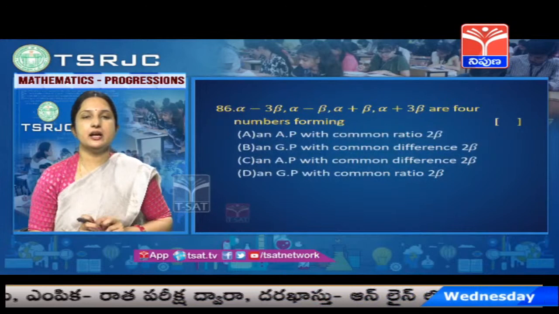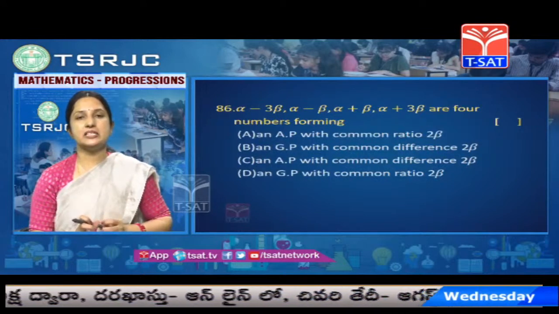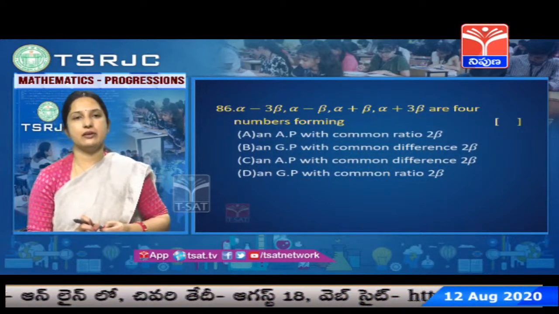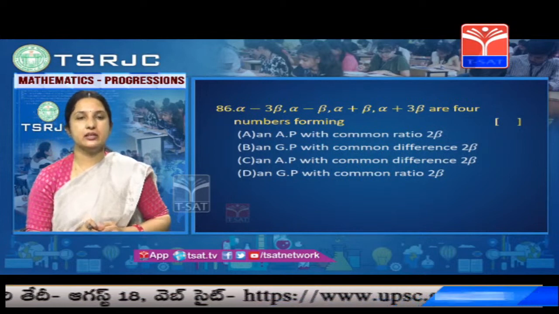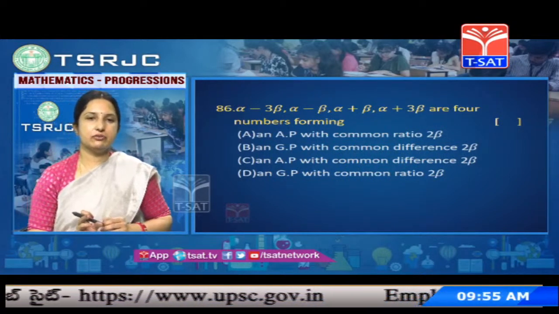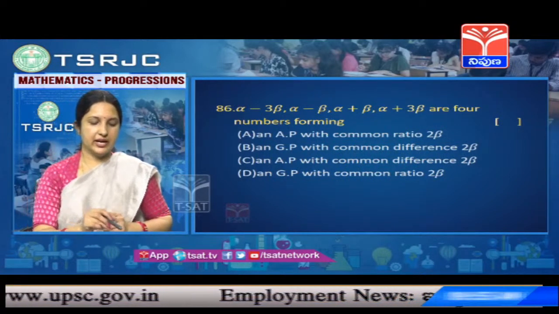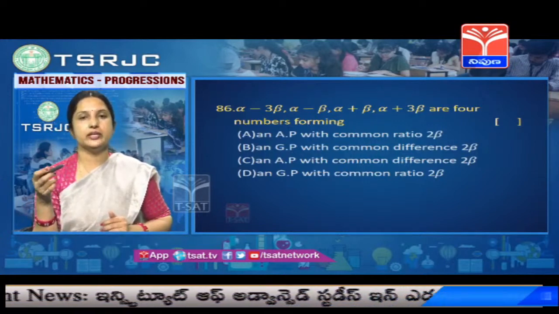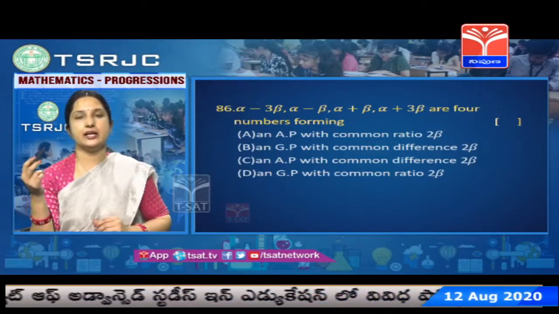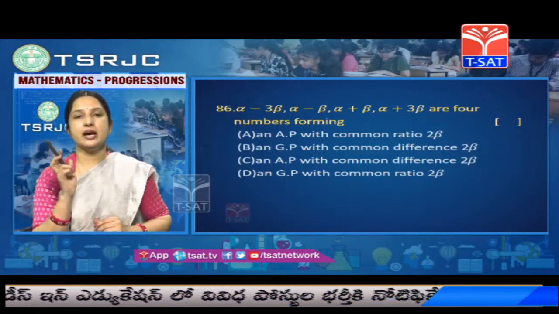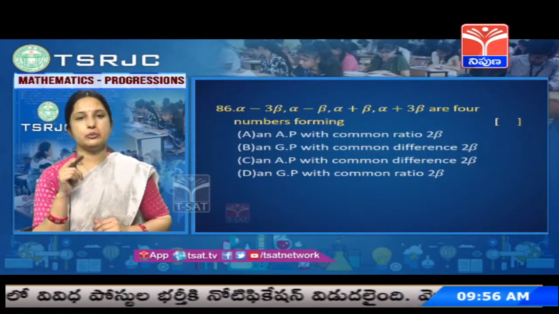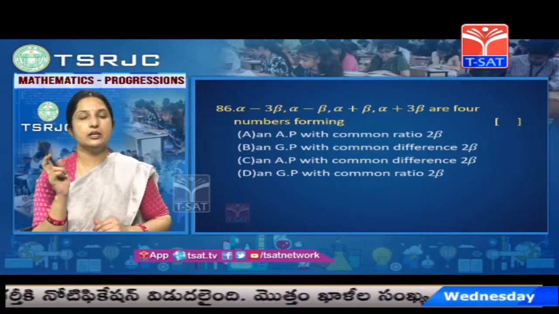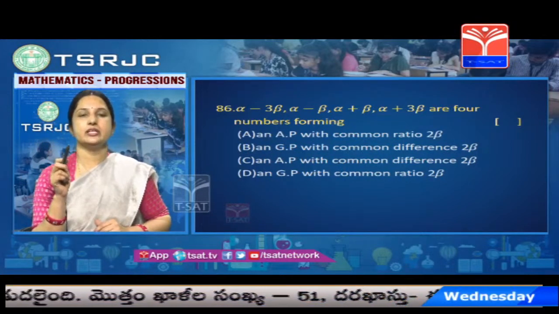Next question number 86. Alpha minus 3 beta, alpha minus beta, alpha plus beta, alpha plus 3 beta are 4 numbers forming which progression? See, from minus 3 beta, the next, 2 beta is added, next 2 beta is added, next 2 beta is added. So those are in arithmetic progression. If it is an arithmetic progression, 2 beta will be the common difference.